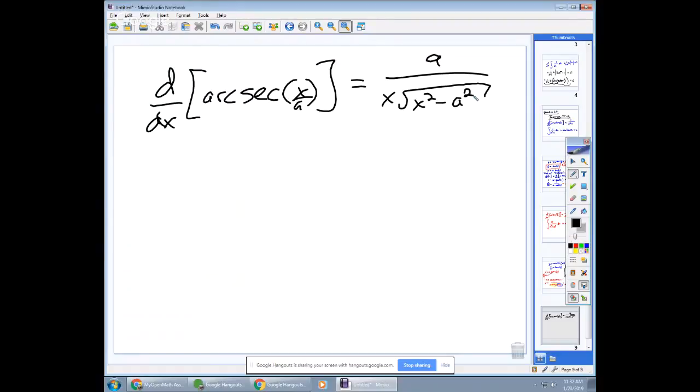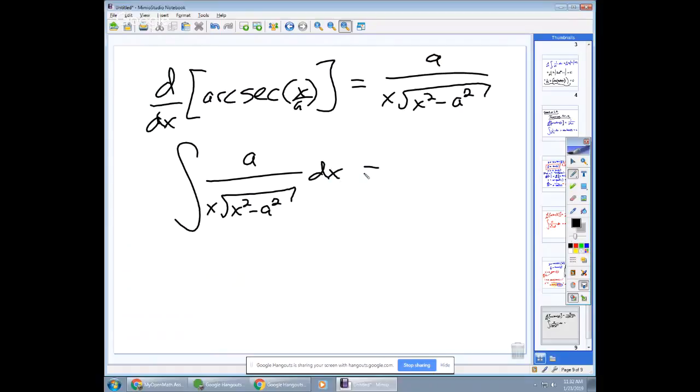So now we know that the antiderivative of a over x times the square root of x squared minus a squared dx is the arcsecant of x over a.